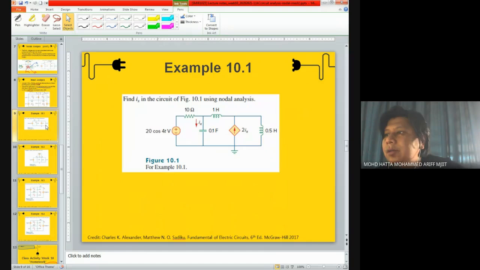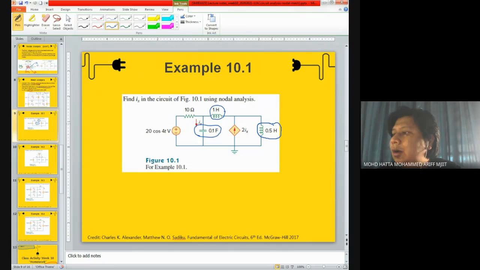All right, we look at example 10.1. In this example, if you look at the circuit itself, we have a capacitor and an inductor here, and finally another inductor over here.